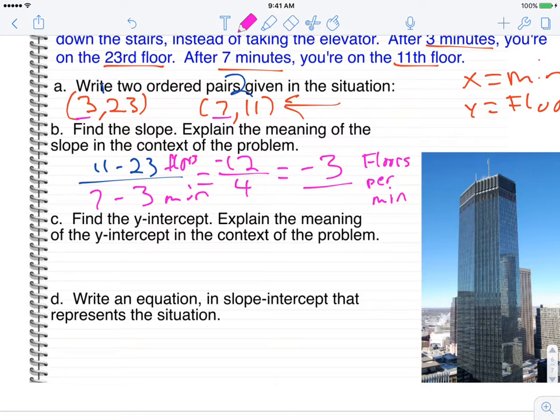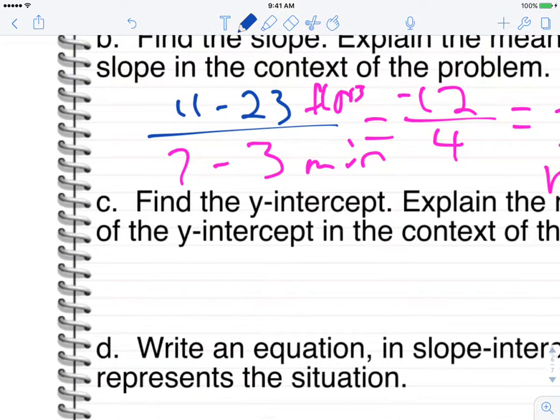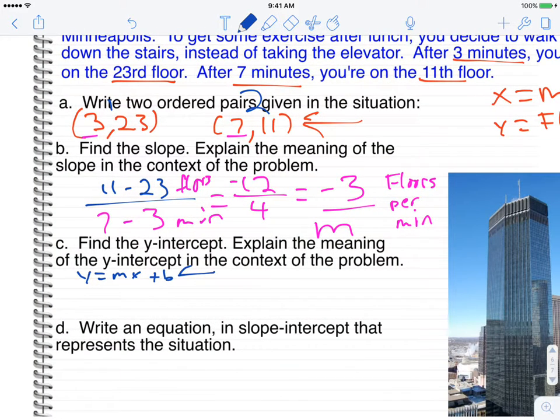So now I'm going to take this slope, or this m, and find the y-intercept. I'm going to use that same y equals mx plus b, and replace everything except for my b, because I'm trying to find what is the y-intercept in context here. Neither of these numbers look super great. The 23 is kind of obnoxious. The 11 is kind of obnoxious.